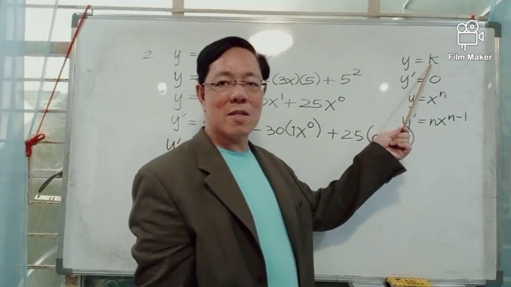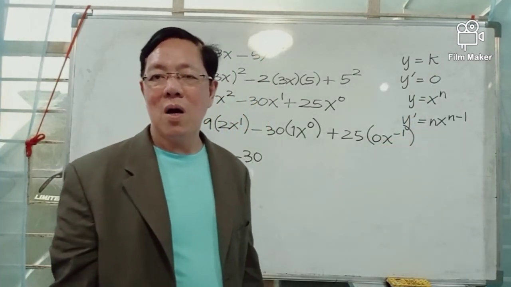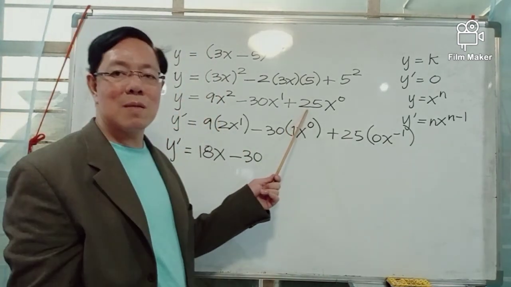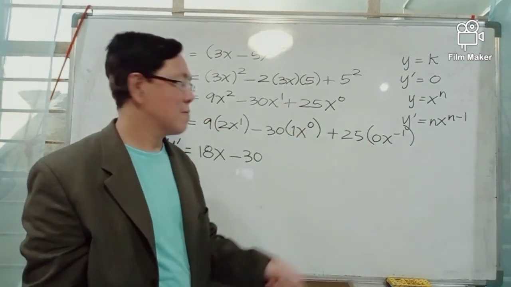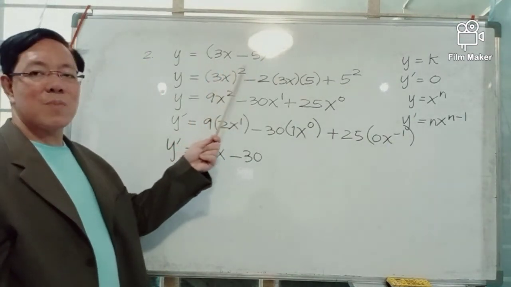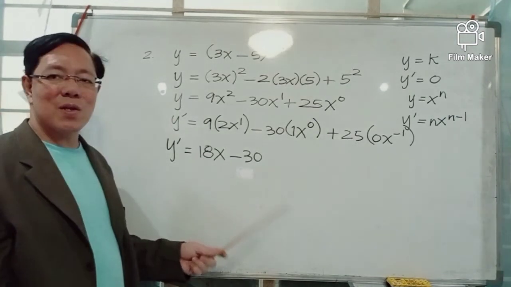Derivative of the constant k is 0. Just remember that derivative of any constant is 0, such as derivative of 25 is 0. Hence, the derivative of the square of 3x minus 5 is 18x minus 30.